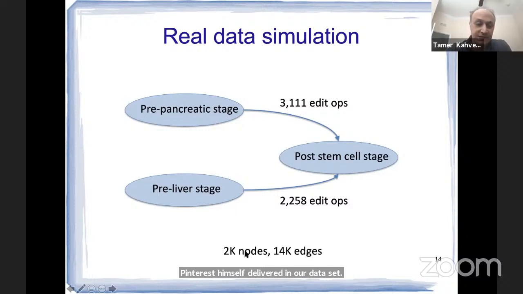The size of this data set is roughly 2,000 nodes, 14,000 edges. And one of the pathways contains more than 3,000 network edit operations, edge insertions and deletions. And the other pathway contains more than 2,000 edge insertions and removals.